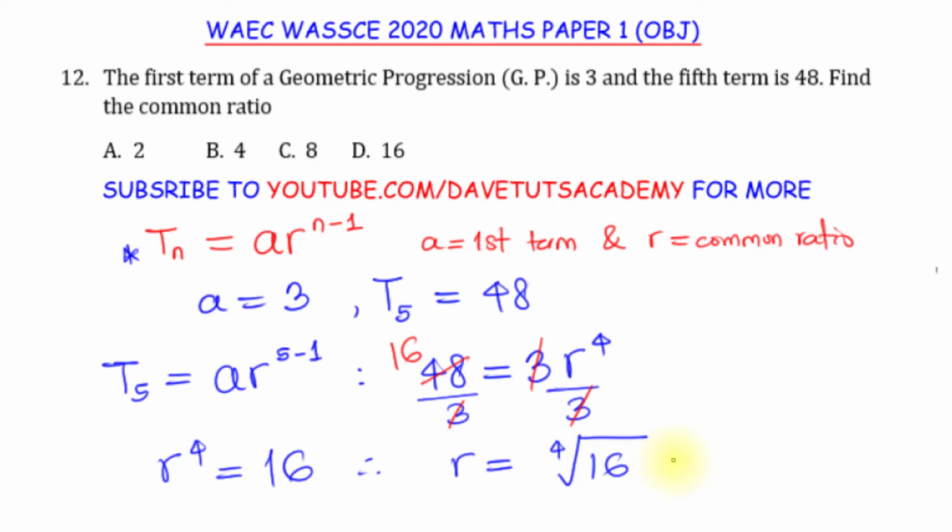The fourth root of 16 means that we are looking for a number that we can multiply in 4 places to yield 16, and that is 2, because 2 times 2, that's 4, times 2, that's 8, times 2, that's 16. You can see this is 2 in 4 places. So the fourth root of 16 is 2, and that warrants that for the question, the common ratio we're asked to find is 2, and that's option A.